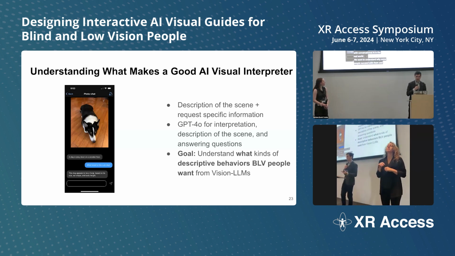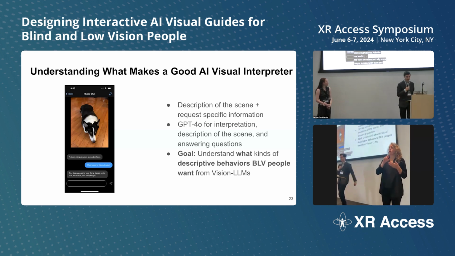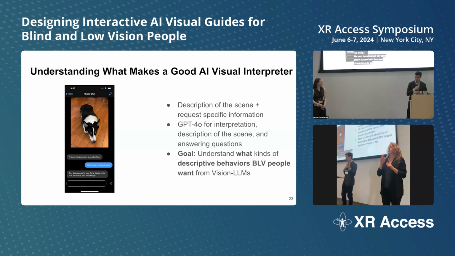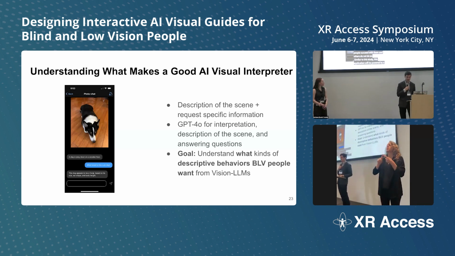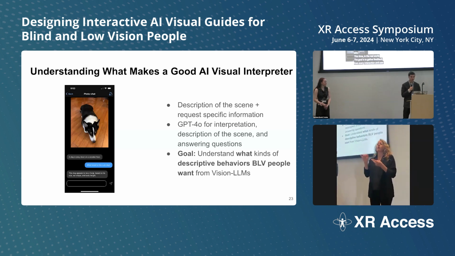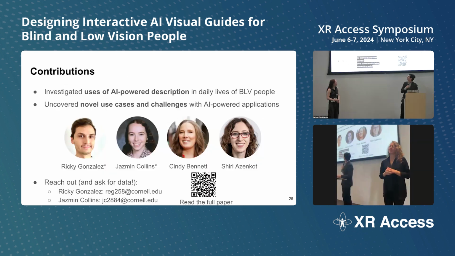Similar to our VR study, this application will be powered by a variant of GPT-4, and it will be able to respond to user questions about the images they take, but this time in the real world. The goal is to gather feedback from every interaction the user experiences with the visual interpretation agent, and then quantify how well these models meet BLV users' needs.